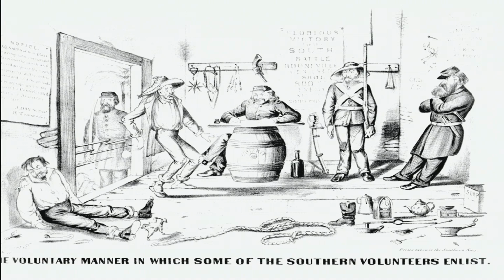This is another image demonstrating the northern view of the South, and this explains why so many Northerners in the spring of 1861 were willing to go to war because they thought this would be a quick and easy and honorable victory that would cover them in glory.